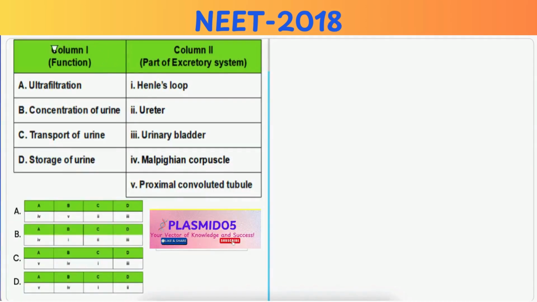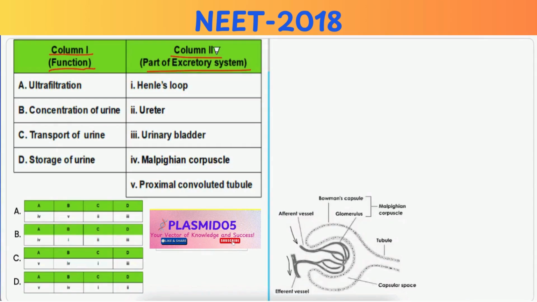In this question, you have to match the items given under column 1 with those in column 2. Now, ultrafiltration refers to filtration of very fine particles having molecular weight less than 68,000 daltons through the Malpighian corpuscle. Thus, A matches with 4.